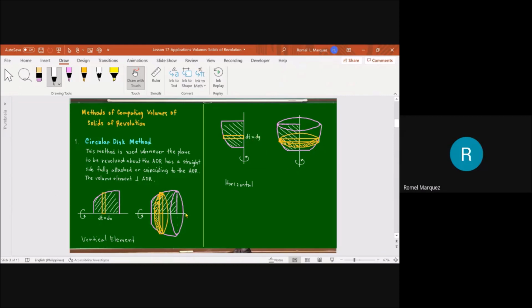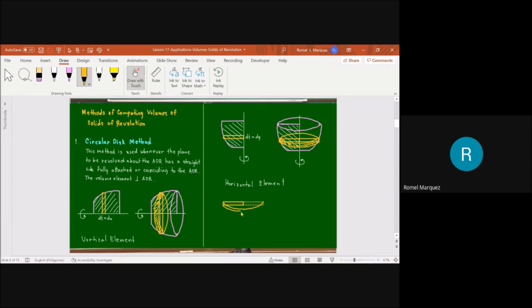Okay? And the radius of this volume element, so this is the volume element. The volume element is given by what? So let's draw. So we have this disk, no? Okay. It's hard to draw the disk. Let me have it here. So this is the half and another half.